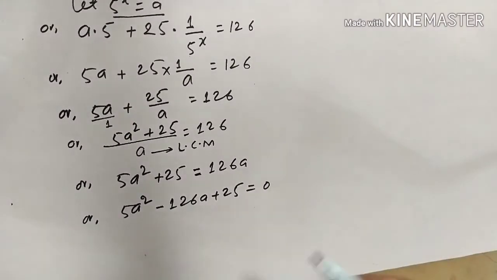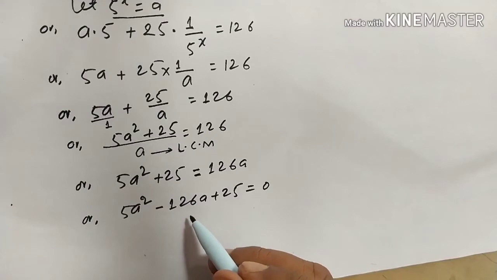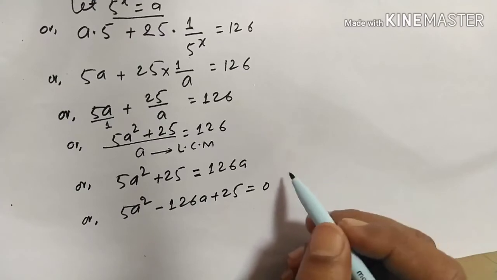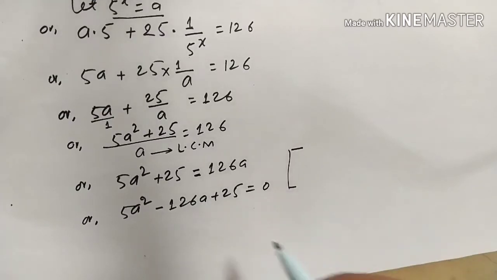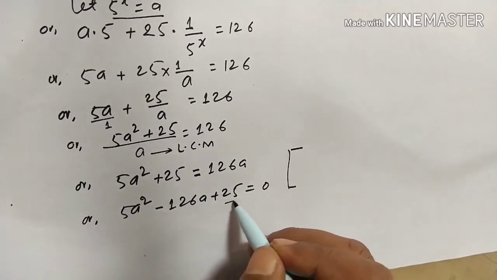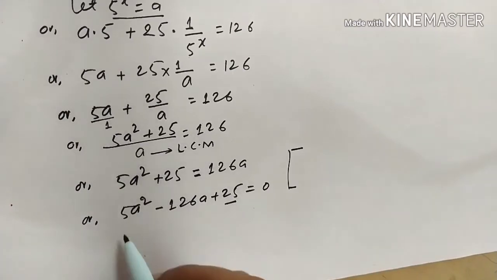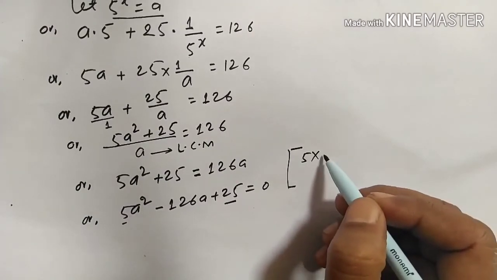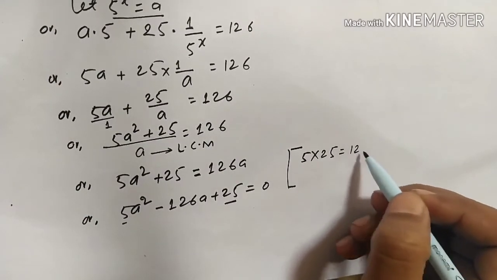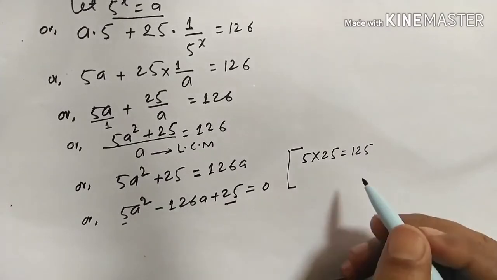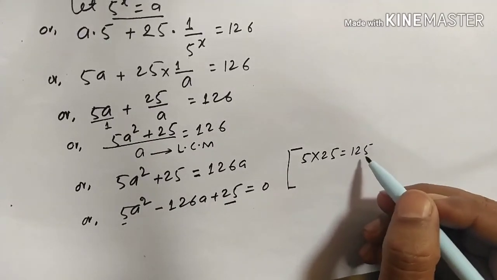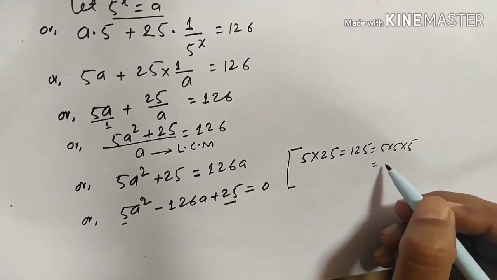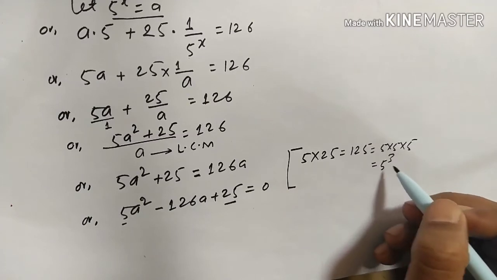Now you have to factorize this term. In order to factorize, you should know one idea that first of all you should multiply this 25 last term, this is constant, and this 5 is the coefficient of a square. If you multiply 5 into 25, it will be 125. But as you know, 125 has the factor 5 into 5 into 5, that is 5 to the power 3.